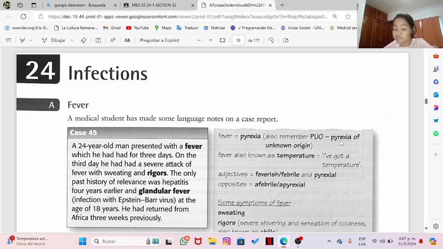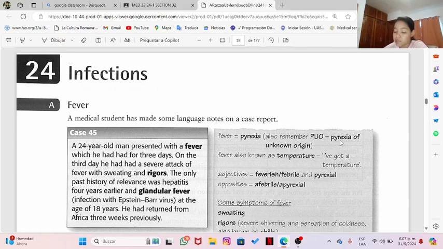Part 24, Infections. Fever. A medical student has made some language notes on a case report. Case 45. A 24-year-old man presented with a fever which he had had for 3 days. On the third day, he had a severe attack of fever with sweating and rigors.